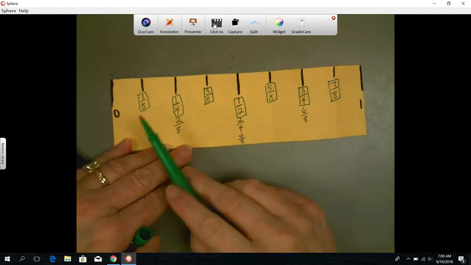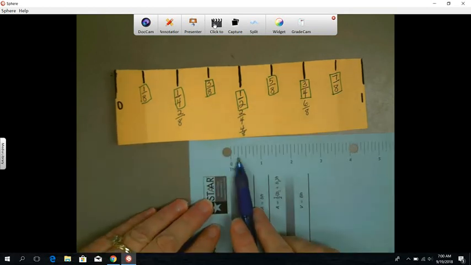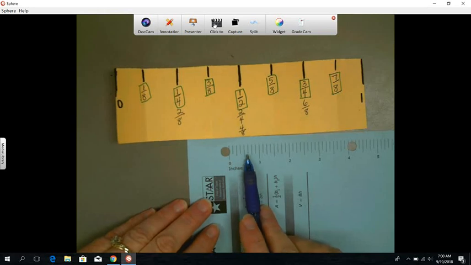Okay, so now we can look at that, and we could actually use it here because it's going to be the same thing. I've got 1/8, 2/8, which is a fourth, 3/8, 4/8, which is a half, 5/8, 6/8, which is 3/4, 7/8, and then the 1/2 or 8/8.